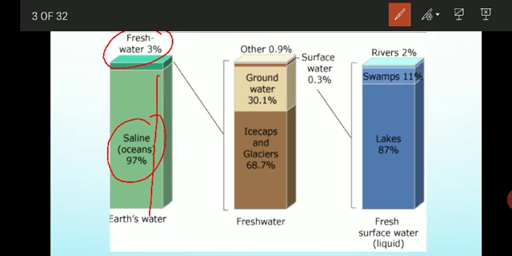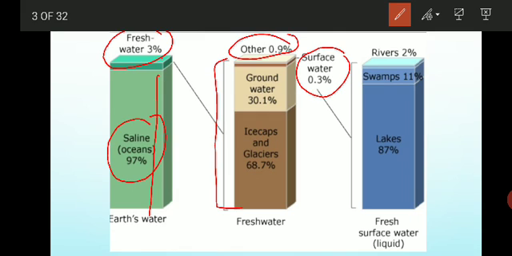Then if you take this fresh water, which is 3%, as 100%, you can divide it into three different parts. The first one is the surface water. Then other sources of water include only 0.9%. Surface water is only 0.3%.